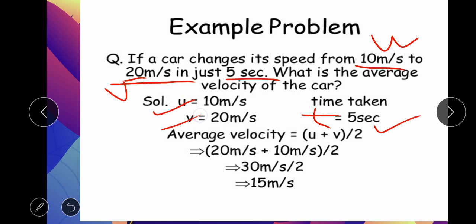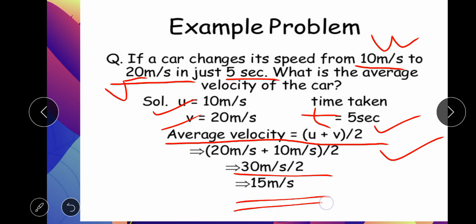Then average velocity is equal to (u plus v) by 2, as we have seen in the previous slide. 20 plus 10 by 2 means 30 by 2. It means 15 meters per second.